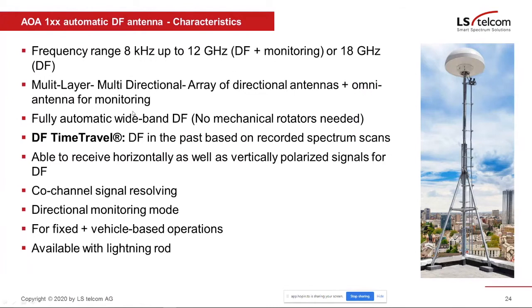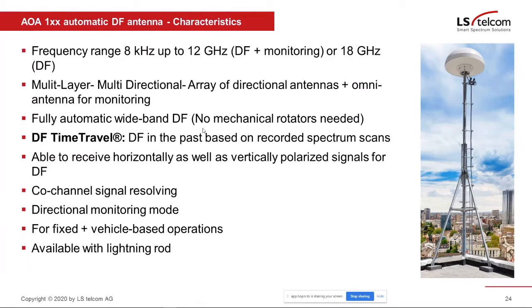With this, you can either locate emitters live, so estimate the line of bearing, or, which is unique here, use DF time derivative technology. That means you can perform direction finding based on recorded spectrum scans.